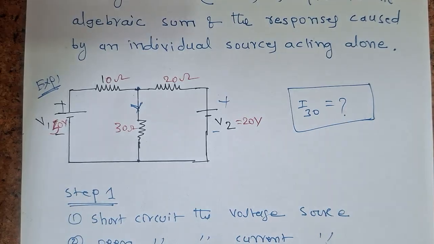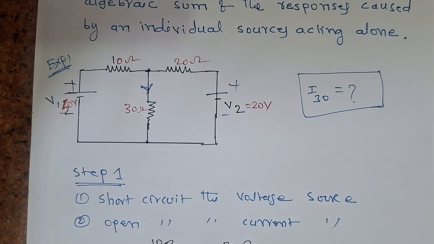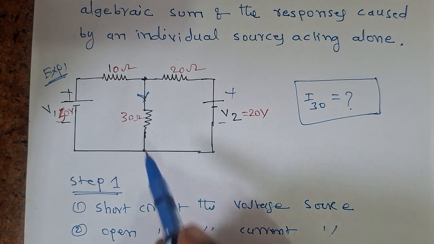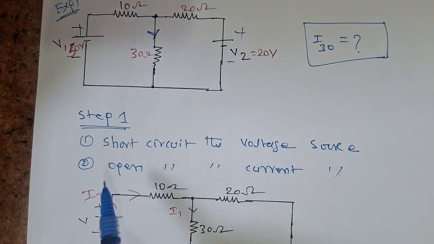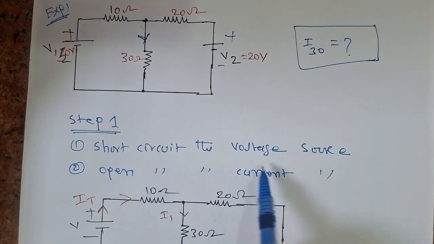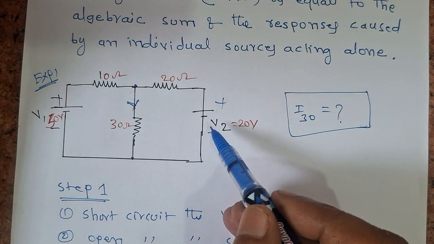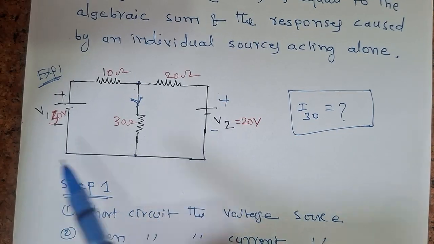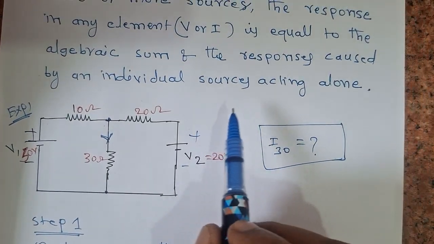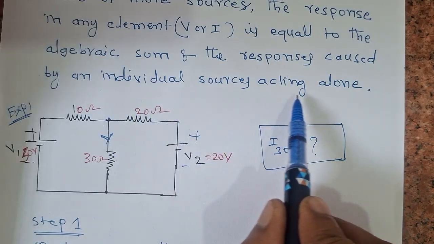According to the superposition theorem statement, we have three steps to find this current. Step one: short circuit the voltage source. When you are finding the current from source one, only one source should act, an individual source acting alone.